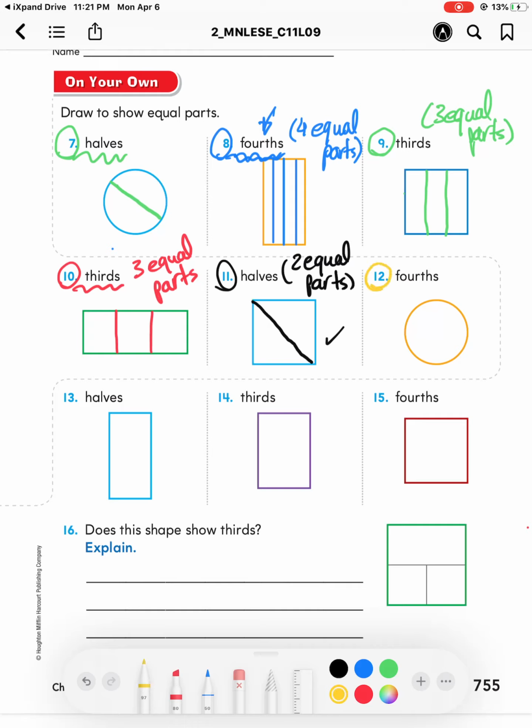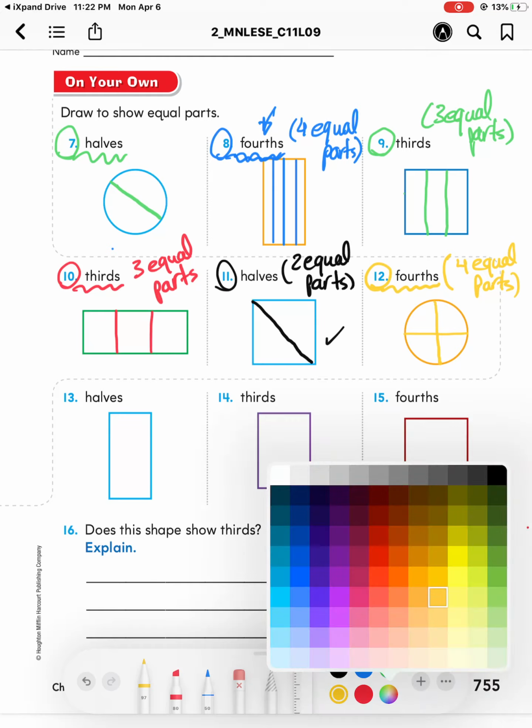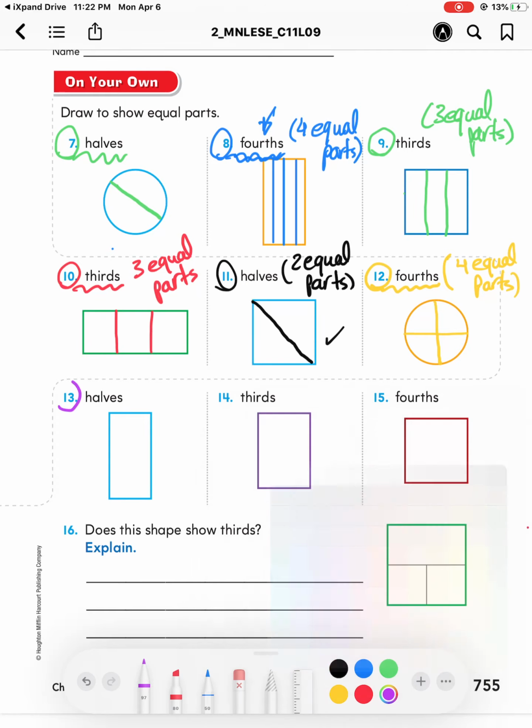Now let's check question number 12. It says fourths, and fourths here means how many equal parts? 4 equal parts. Good job. So here is a circle, and we can divide it like this and then split it like this, okay? Okay, now let's move to question number 13.